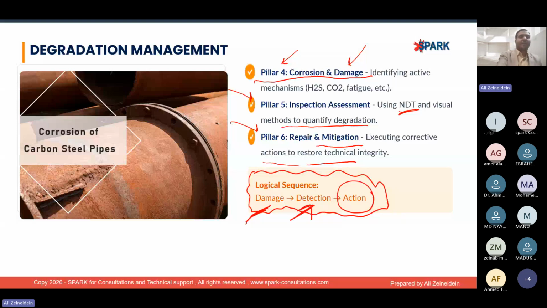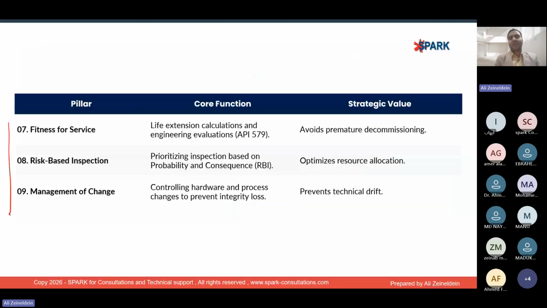Pillars number 7 until number 9 are complementary, integrated pillars in asset integrity management, related to fitness for service assessment, risk-based inspection, and management of change. Okay, management of change.